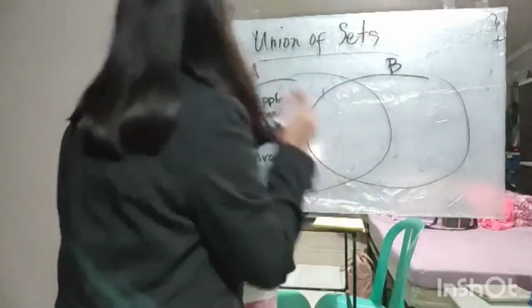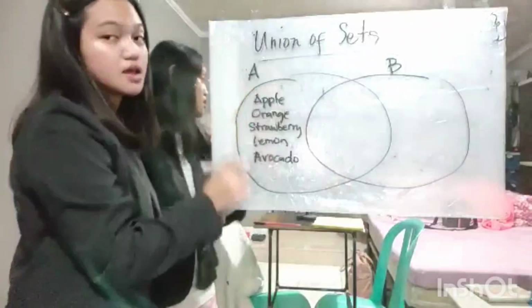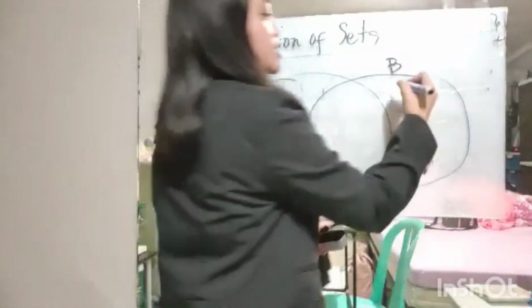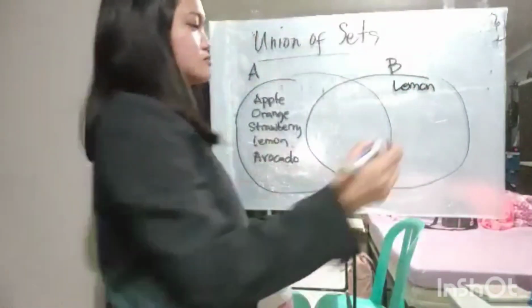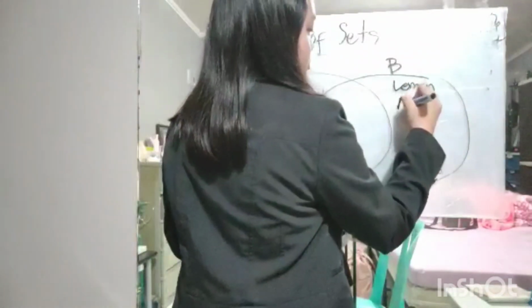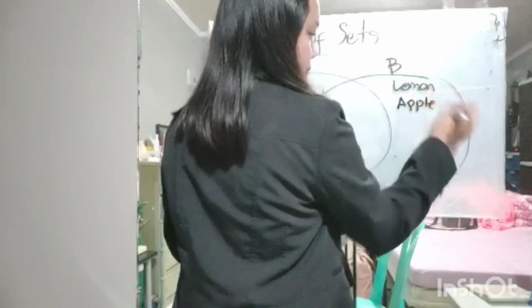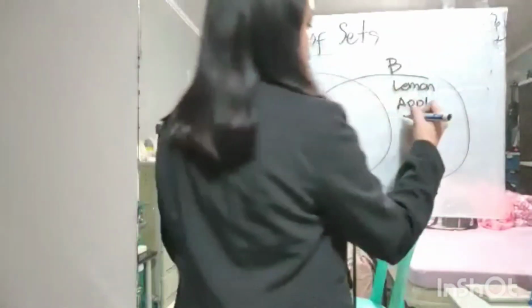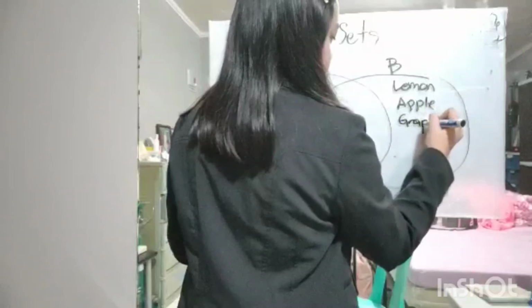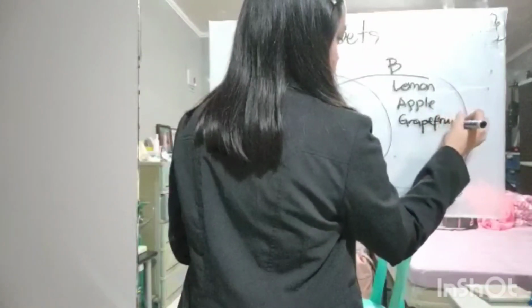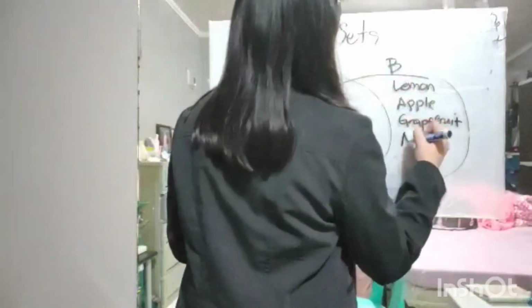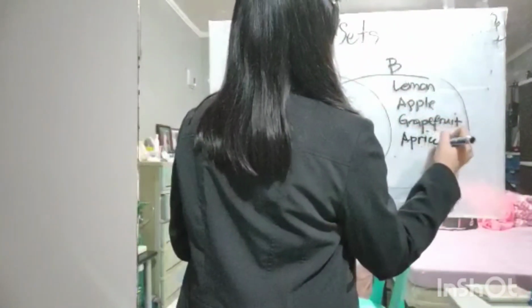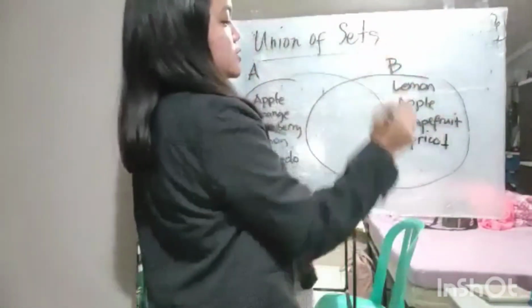These are the members of set A. And for set B: lemon, apple, grapefruit, and apricot. So these are the members of set B.